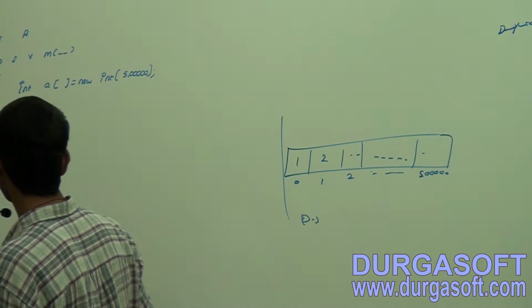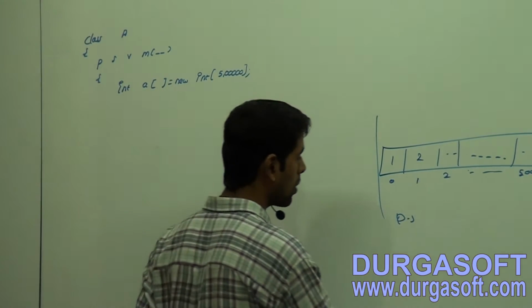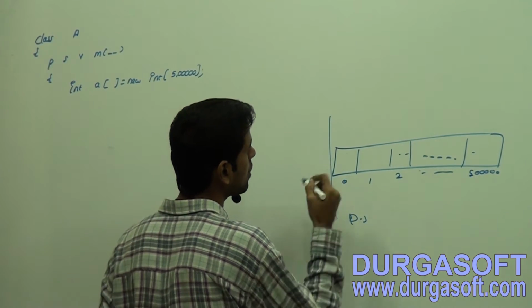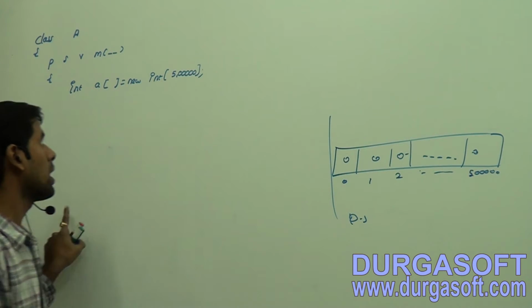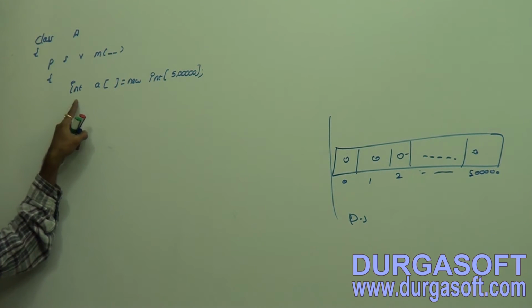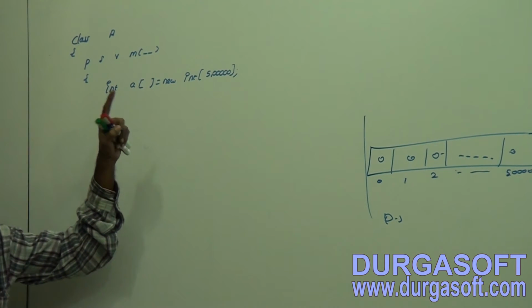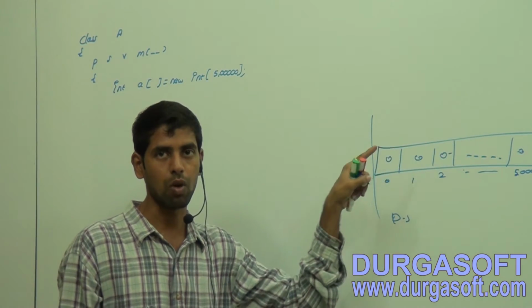Initially, what will the array elements be? Everything will be 0. Whatever the array data type, that data type's default value will be available within each block.